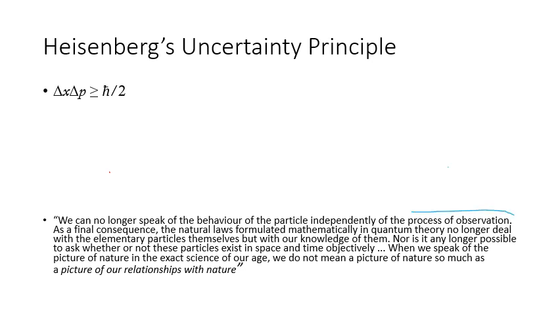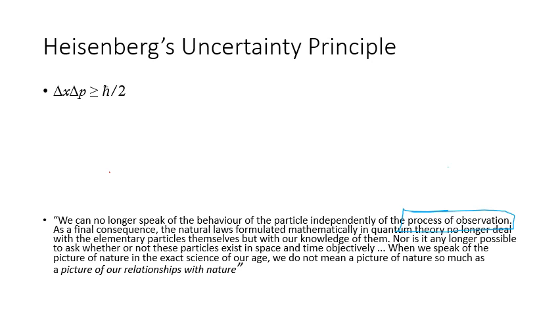But this idea that the process of observation changes the physics is now what's known as the Copenhagen interpretation of quantum mechanics. That is, that when we actually make an observation, we collapse the wave function of our quantum mechanical system into whatever it is we've observed.